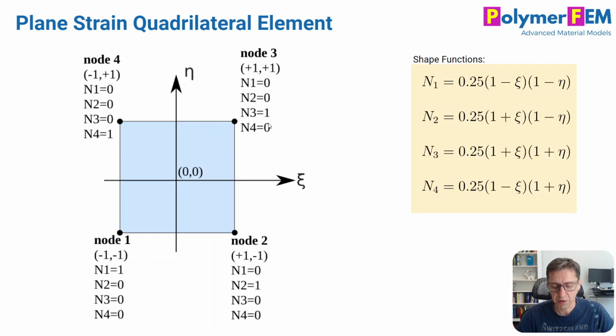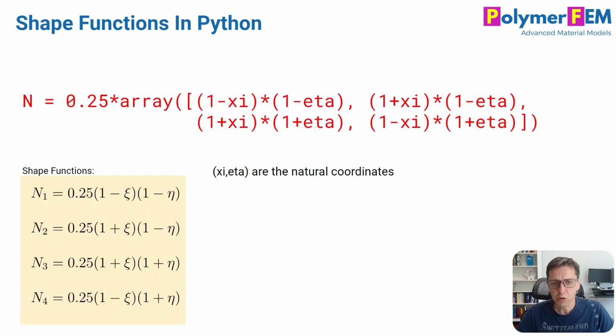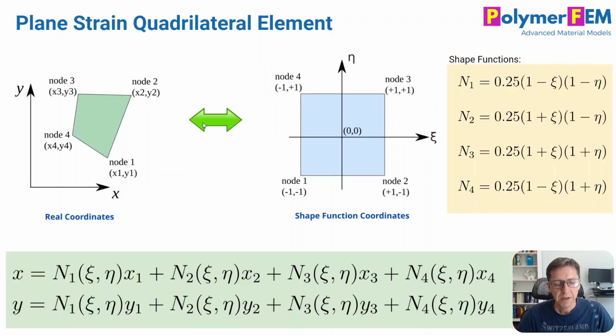These are the shape functions that I want to use here. To think a little bit about numerical implementation in Python, this is how you can calculate the shape function n, which will be an array in Python. If you know xi and eta, you can just calculate it using this equation here. So it's pretty simple.